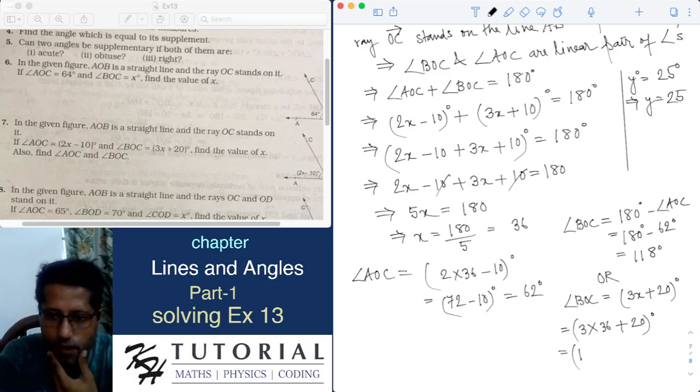What is angle AOC? 2x minus 10, x is 36, so 72 minus 10, 62 degree. So angle BOC is equal to 118 degree.